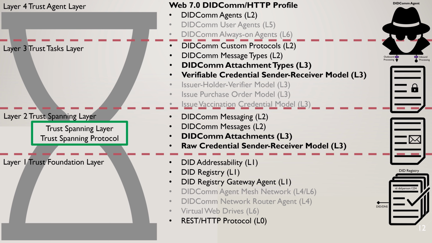More specifically, in layer 3, we're using the verifiable credential sender receiver model, which is a derivation or specialization of the raw credential model. We're going to go into a lot of detail in the next few slides, starting with the raw credential model and then subsequently the verifiable credential model.